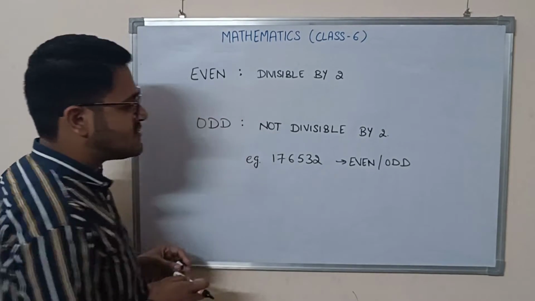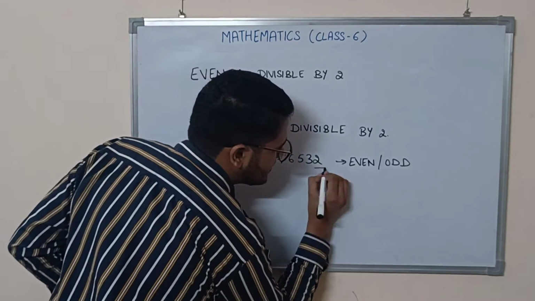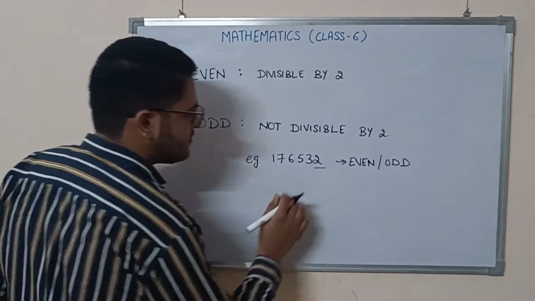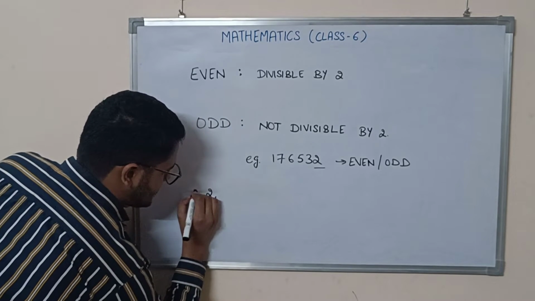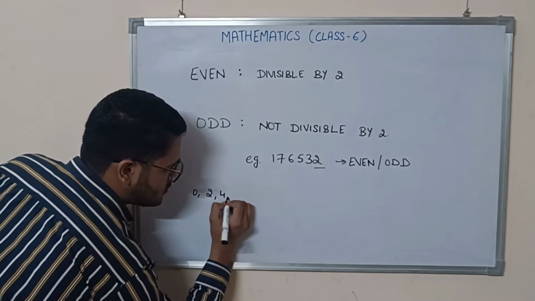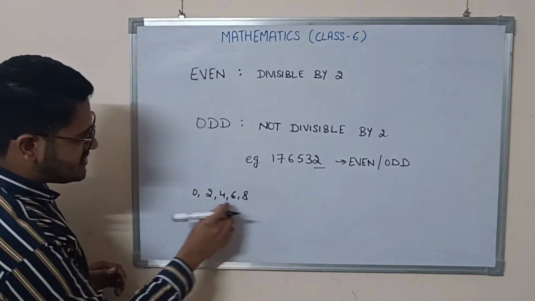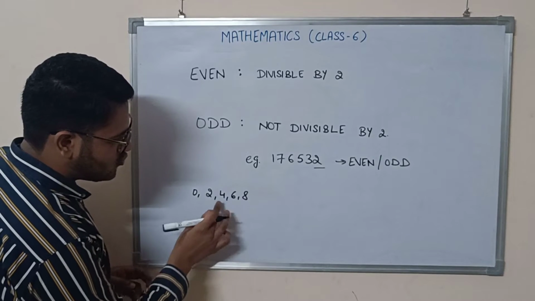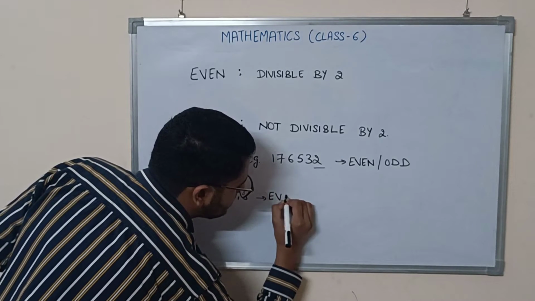The easiest way is to consider the ones place digit of the number. If the ones place digit is 0, 2, 4, 6 or 8, then the number is even.